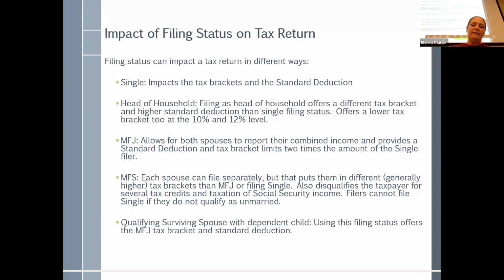Again, there's a bunch of credits that they can't get, and they also can get taxed on Social Security income. But you cannot file as single if you are married. If you are married, you have to file as married, even if it's not great. And then qualifying surviving spouse has the married filing joint tax bracket and standard deduction. So it's definitely a better way for them to go.